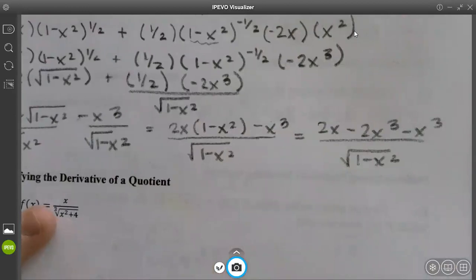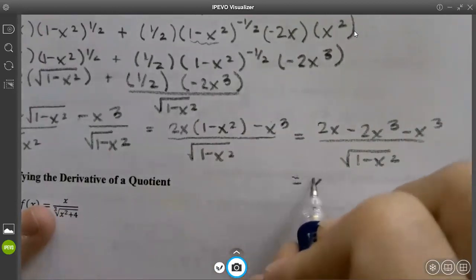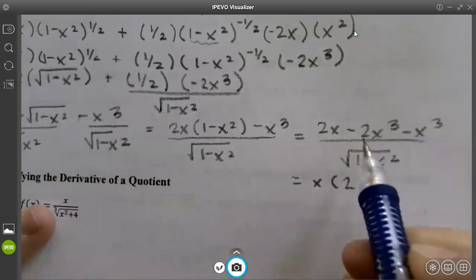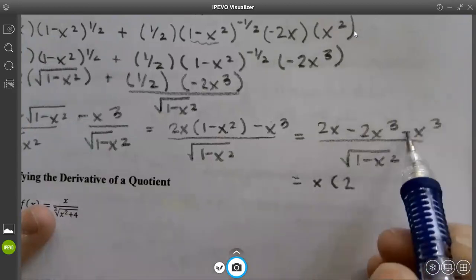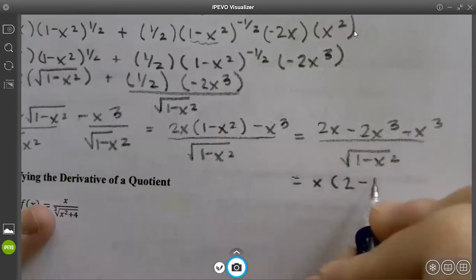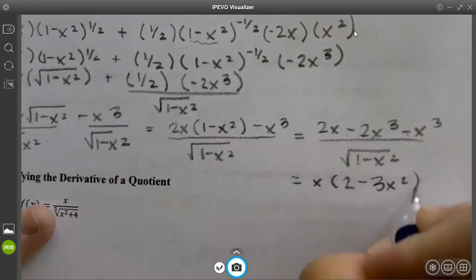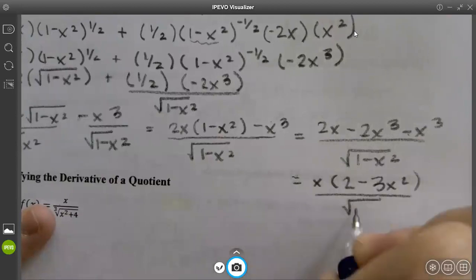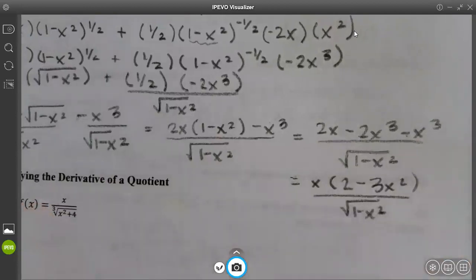What can I do now? What do they have in common? I'm gonna do it all at one time if y'all don't mind. When I combine these, negative 2x cubed minus x cubed is negative 3x cubed, but I'm gonna take that x out. Do you have to? I don't think so. I think you'll be fine. But if you want it to look like the book answer, this is what it is. Great job. And you did that without knowing what the answer was. So you can do it. Just make it as simple as possible.